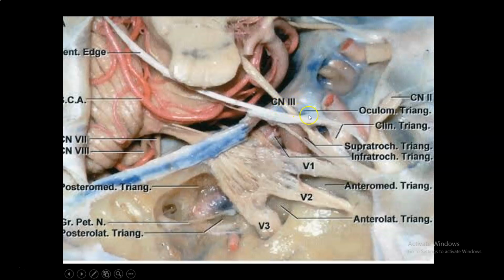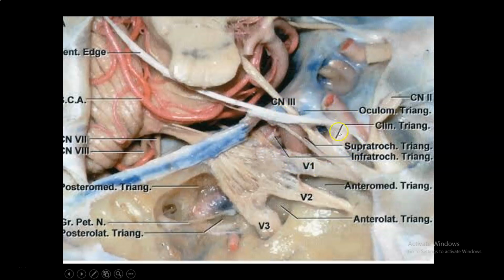And of course the supratrochlear triangle above the trochlear nerve, between the trochlear and oculomotor, and the infratrochlear triangle below the trochlear nerve, between the trochlear and V1, what we call Parkinson's triangle. So these are the four triangles of the cavernous sinus.